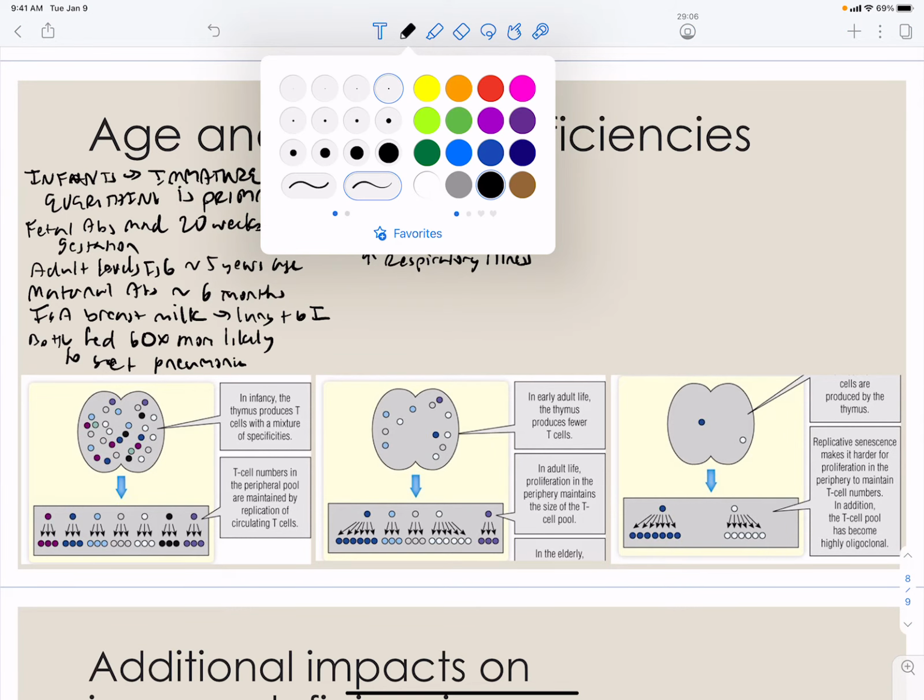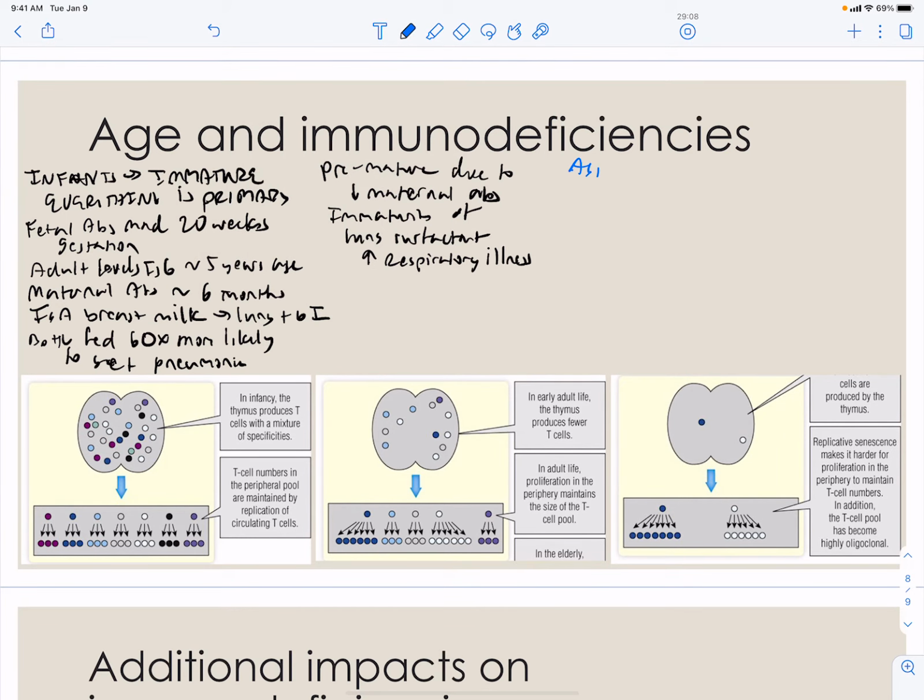Now on the other side, you have aging. And with aging, you're going to suffer more infections. This is considered a mild immunodeficiency.